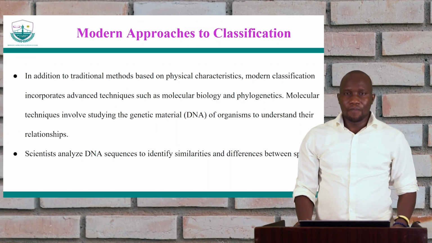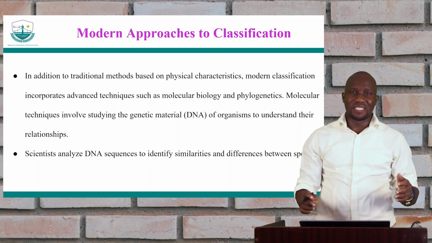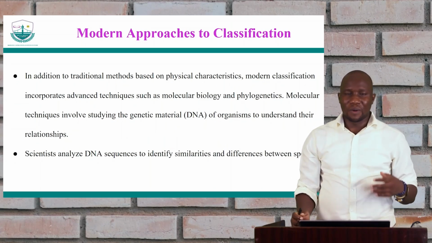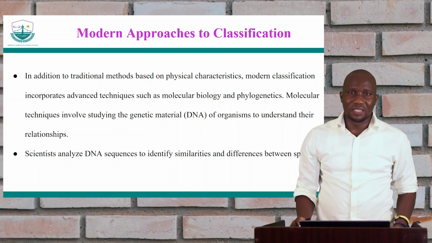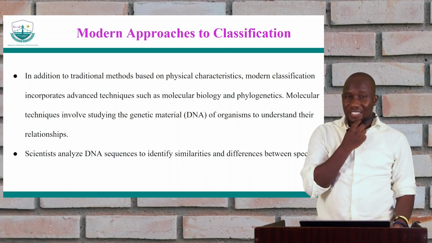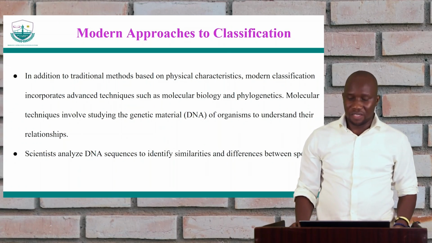So our understanding of what makes up these organisms has been increasing. Our knowledge about these organisms has been increasing, and in modern biology now, we look at the molecular makeup of these organisms and the composition of these molecules.